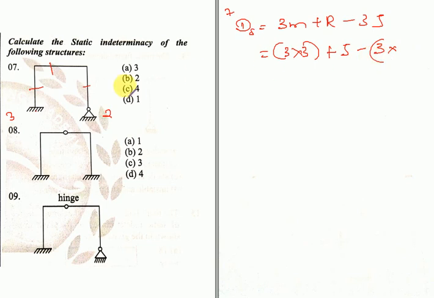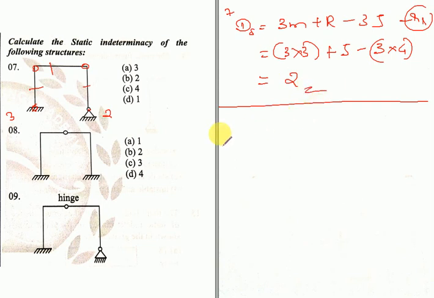Total number of joints is 1, 2, 3, 4. So it is 4, and minus RR is not there since there are no internal hinges present in this problem. So if you calculate the value, the answer would be 2 for this question.